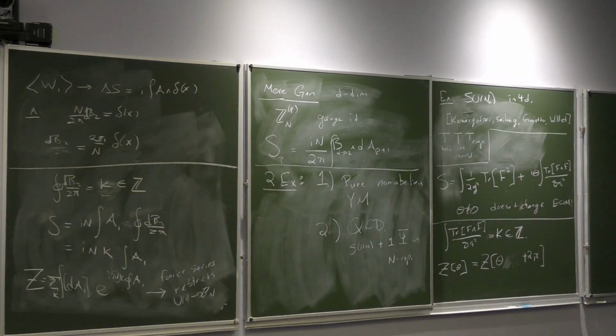But now we want to look at higher form symmetries. Something we talked about yesterday is that SU(N) Yang-Mills theory has a one-form center symmetry.